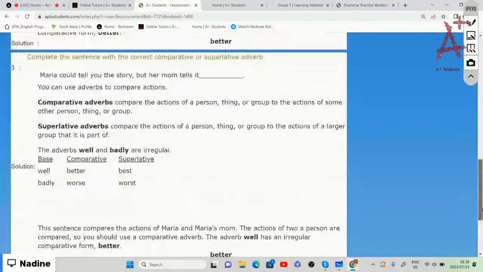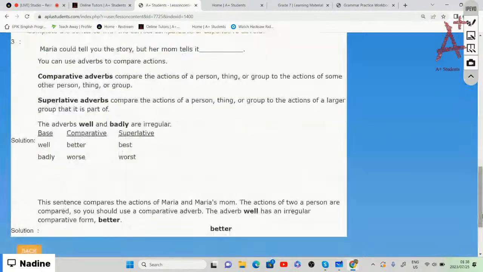Maria could tell you the story, but her mom tells it. Does the mom tell it well? Does the mom tell it better? Or does the mom tell it best? So Maria could tell you the story, but her mom will tell it better.